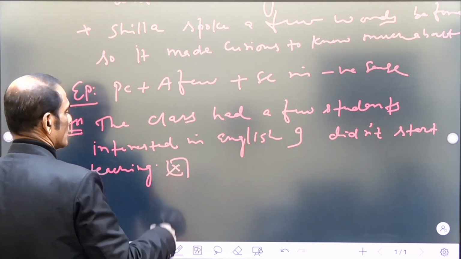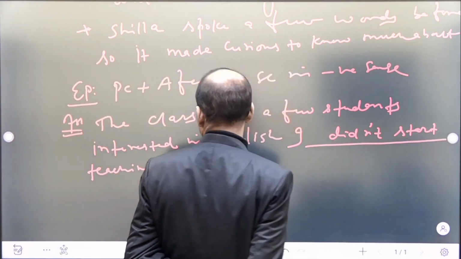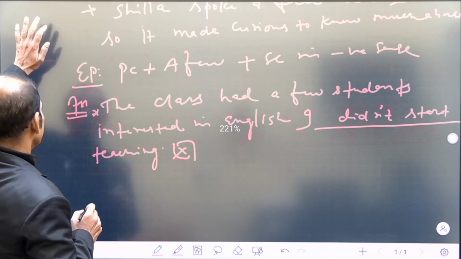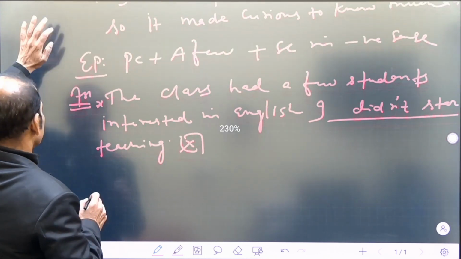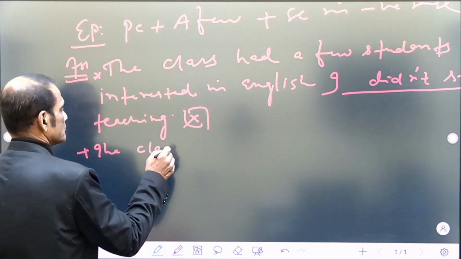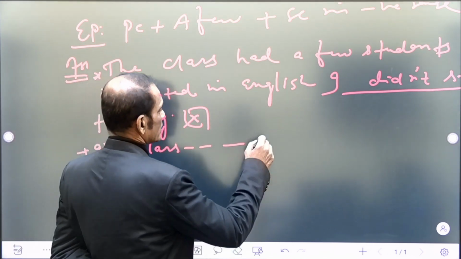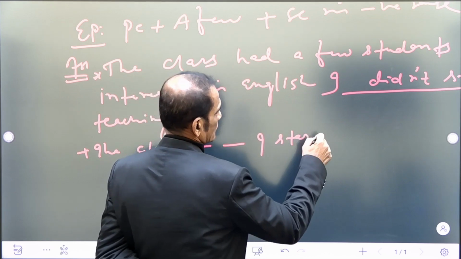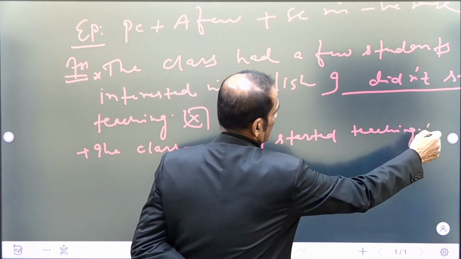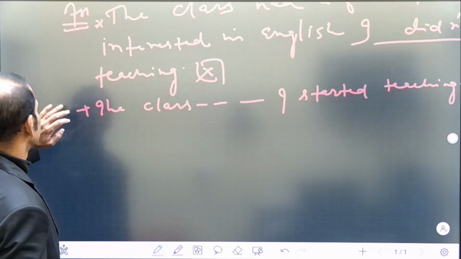This one is incorrect because here is negative sense. Here should be "so I started teaching." This one is giving positive sense. So the correct one: the class had a few students interested in English, so I started teaching.